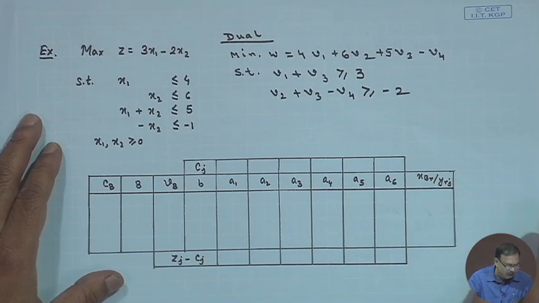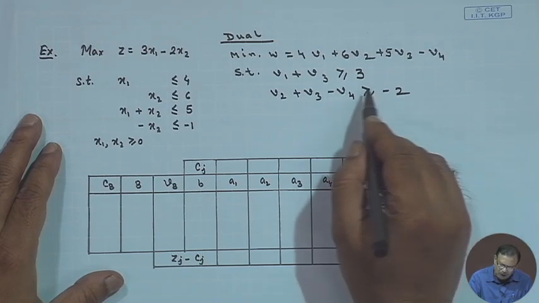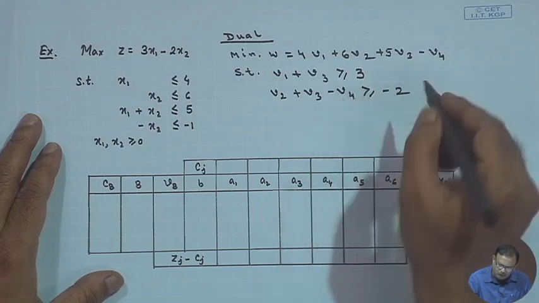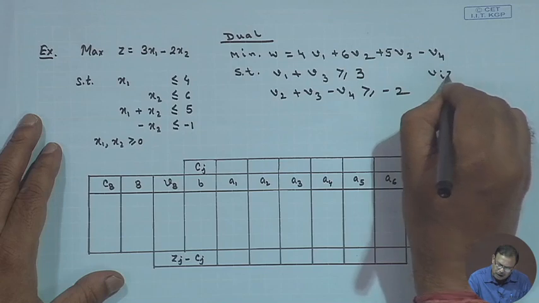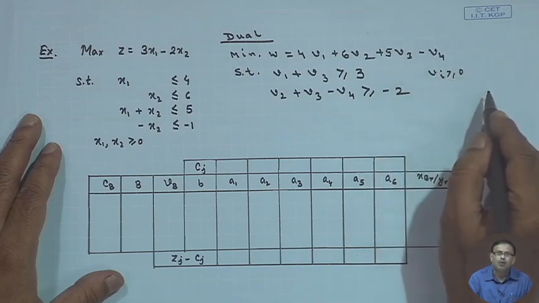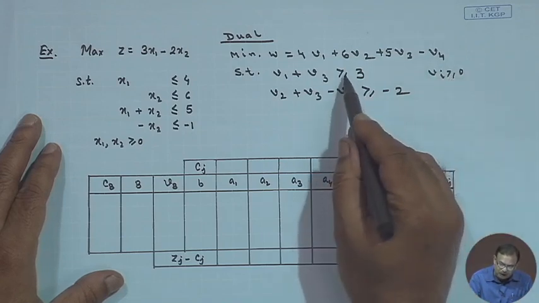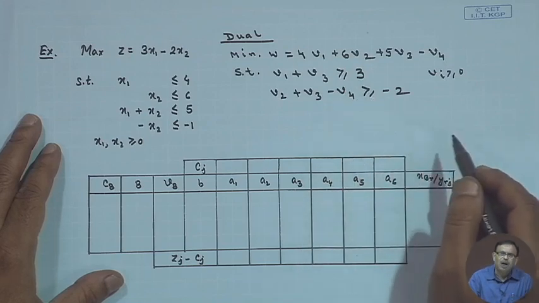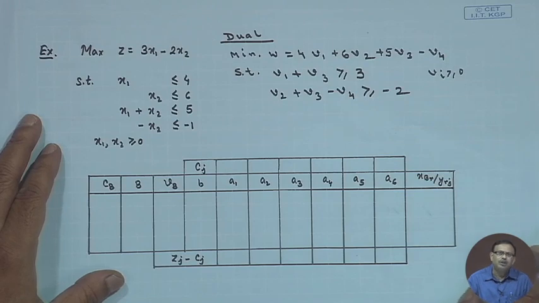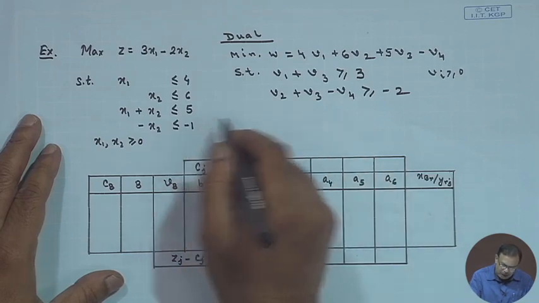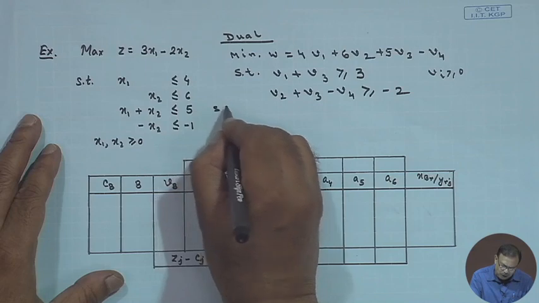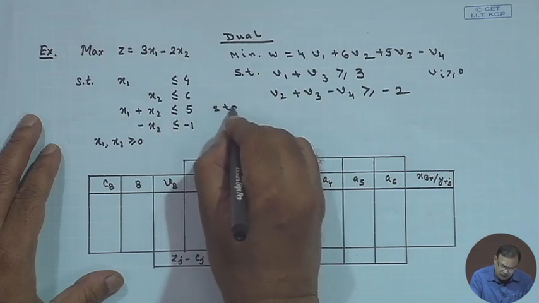And in standard form, of course, v i greater than equals 0 for i equals 1 to 4. Now, since it is greater than equals, I can write it in the standard form, because if you remember, we have solved maximization problems only, with constraints of less than equals type. So, directly I am writing this in the standard form. So, this is the dual of the original problem.